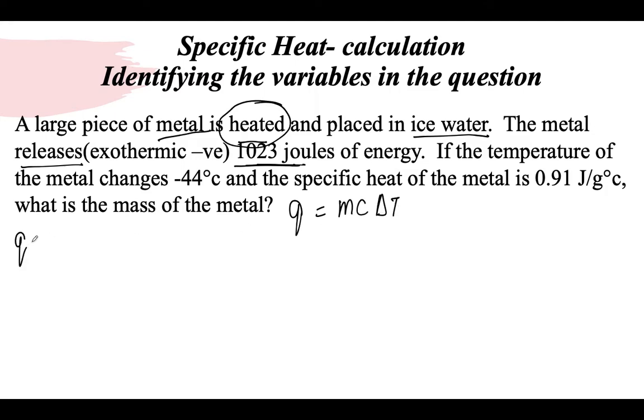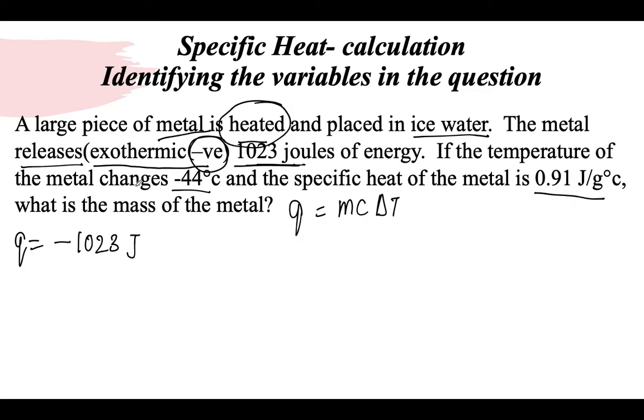It released energy. When energy is released, it's exothermic, so the value should be negative 1023 joules. And it says if the temperature of the metal changes by negative 44 degrees Celsius and the specific heat capacity of the metal is 0.91, what is the mass of the metal?